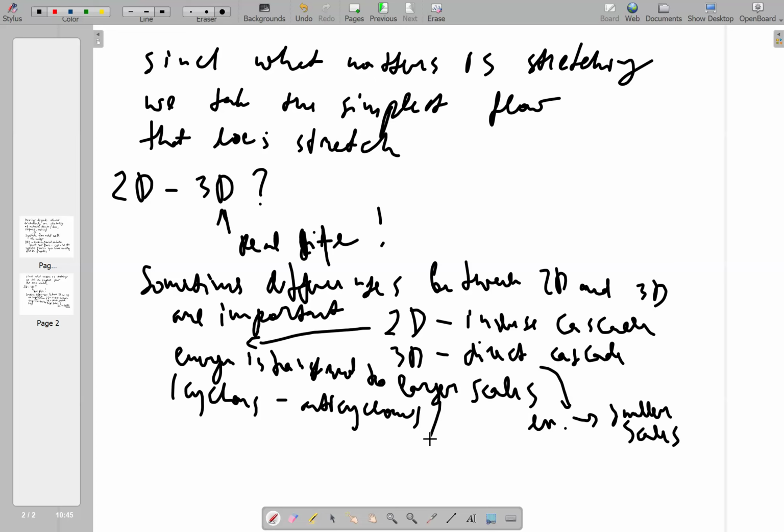Then again, in chaos theory, 2D has no chaos, because two integral lines cannot intersect, due to a topological constraint. 2D, no chaos.